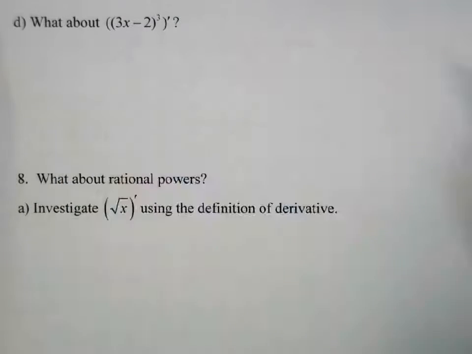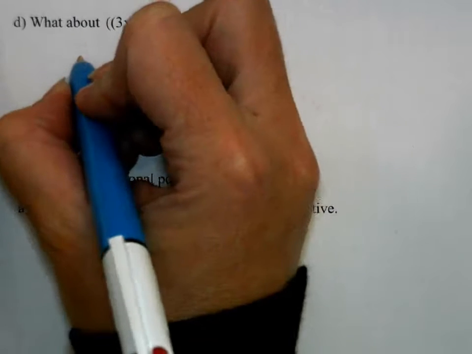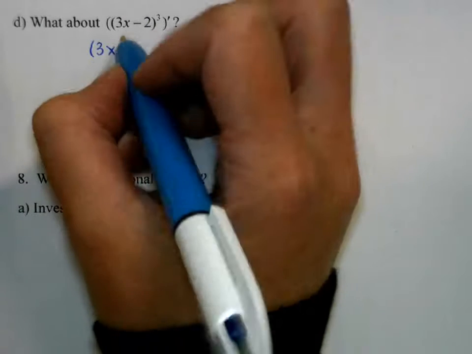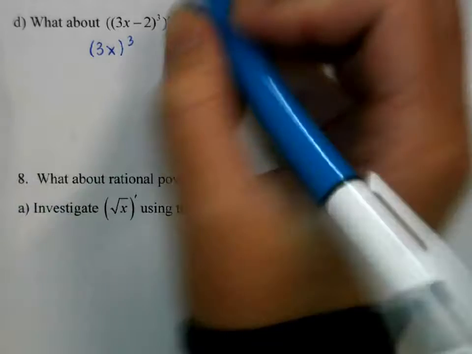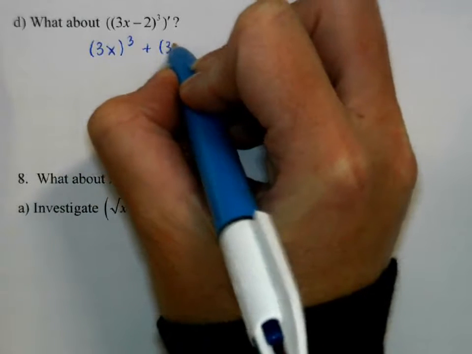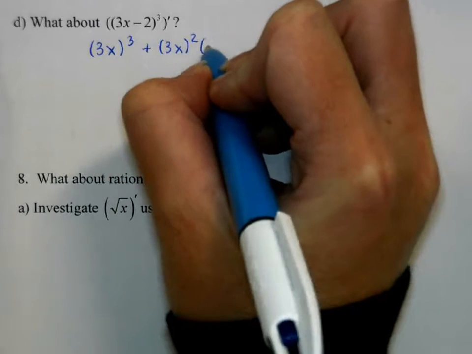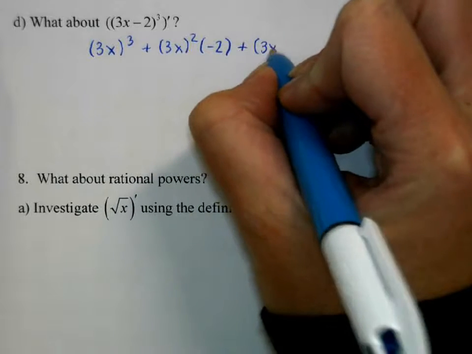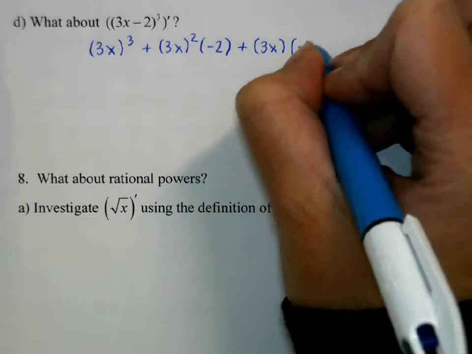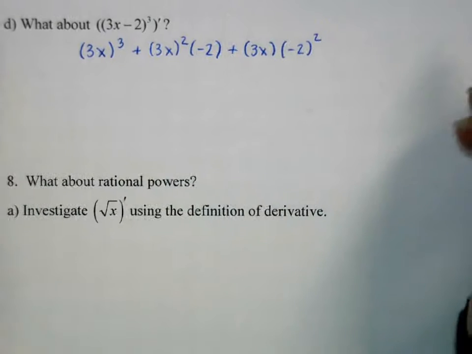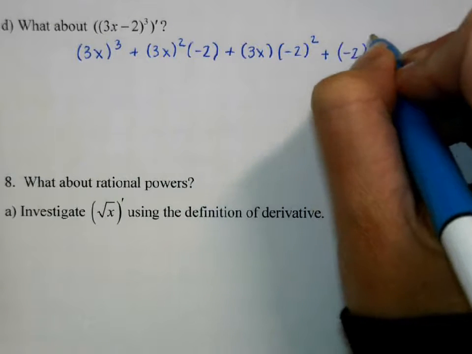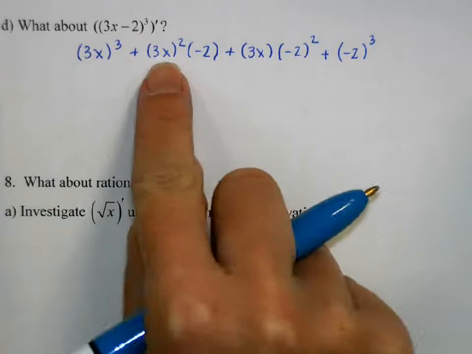So we'll have 3x cubed plus 3 times 3x squared times negative 2 plus 3 times 3x to the first times negative 2 squared plus negative 2 cubed.